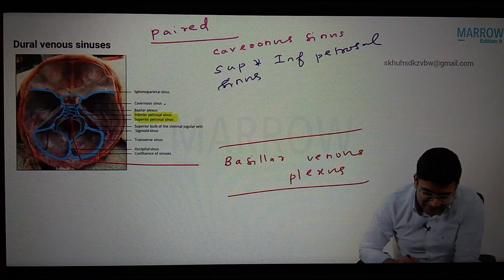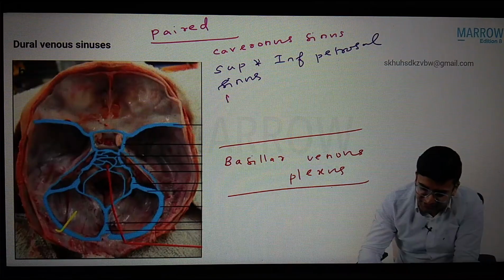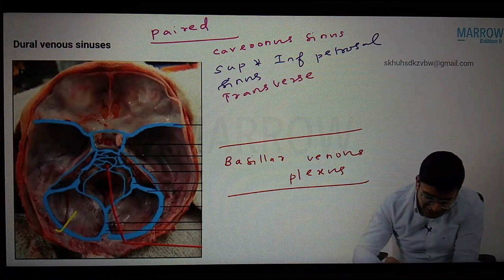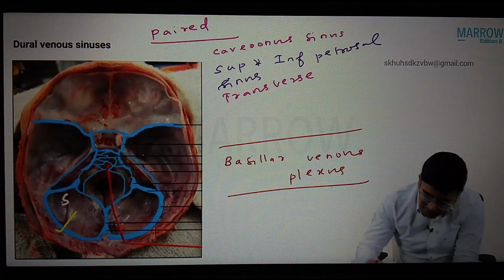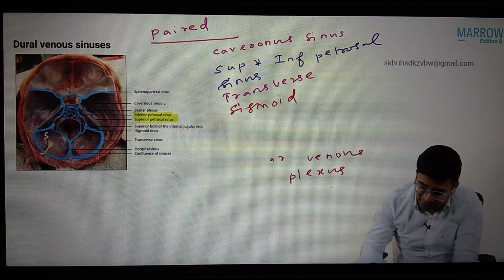And then the transverse sinus, a paired sinus on either side, which in turn continues as the sigmoid sinus.